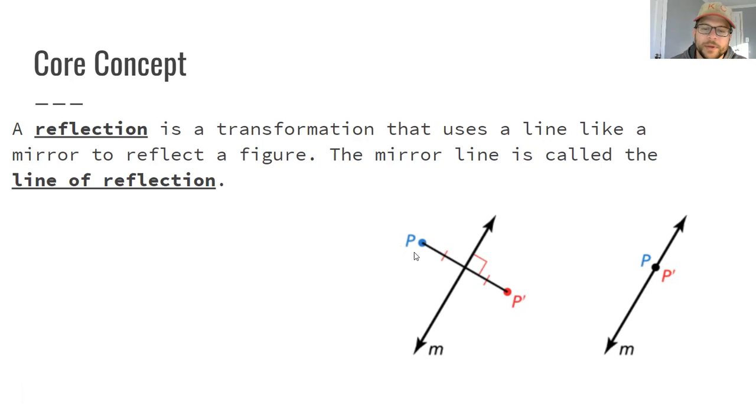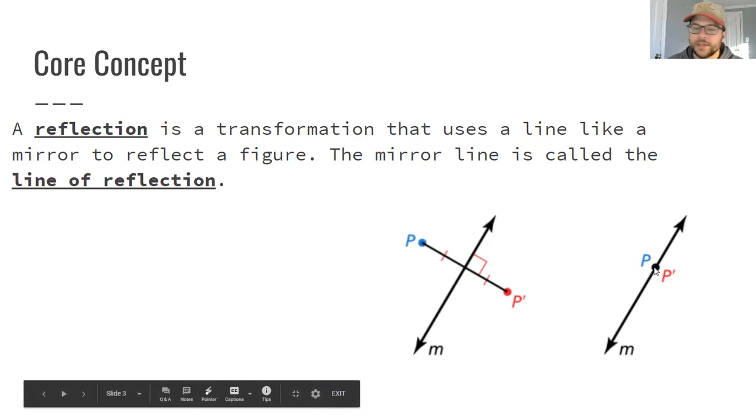Now, one thing to know about the difference between your pre-image and your image is that they must be the same distance from your line of reflection to that point. That's why you see these dash marks to indicate that they are congruent. And the line from your pre-image to your new image must be perpendicular through that line of reflection.